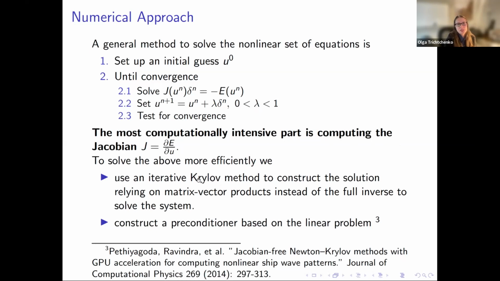So really this preconditioner is just going to allow us to make sure our Jacobian is better conditioned. And really this methodology was introduced in this paper, the Jacobian free Newton Krylov methods. In there, they actually even use GPU acceleration for computing nonlinear ship wave patterns. And so what we've done is we've modified it to include effects of ice, as well as the different regimes.